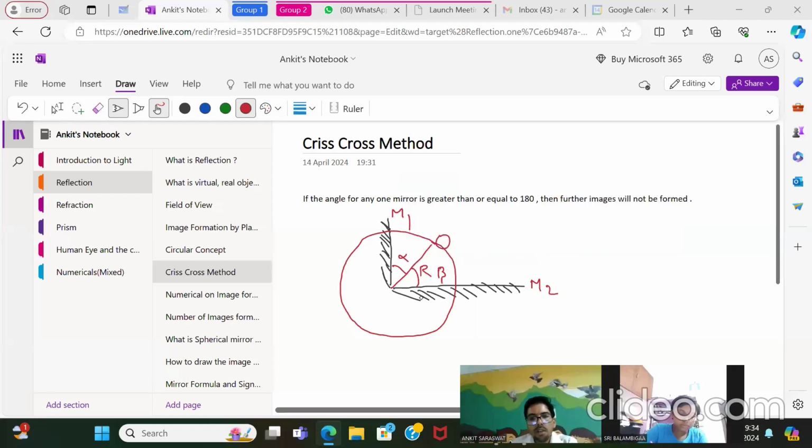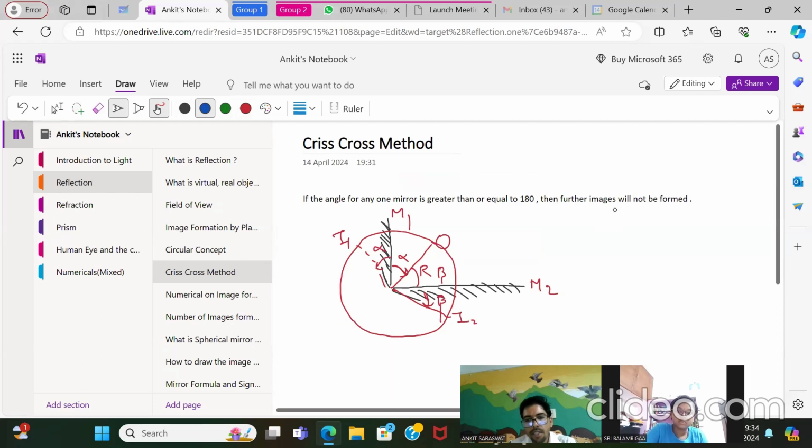So see here, if the object is alpha degree here, then the image with respect to the mirror will be alpha here. I1, I2 will be here. It is beta. This much you should know. Now I will explain this method. Very, very important. Please understand.